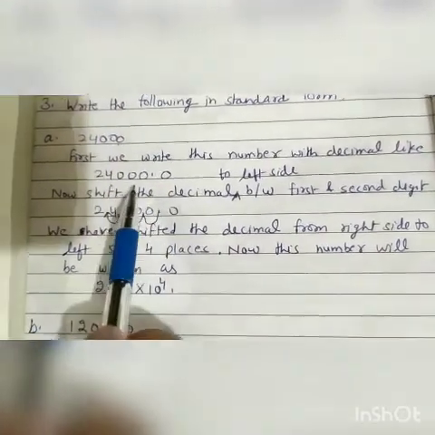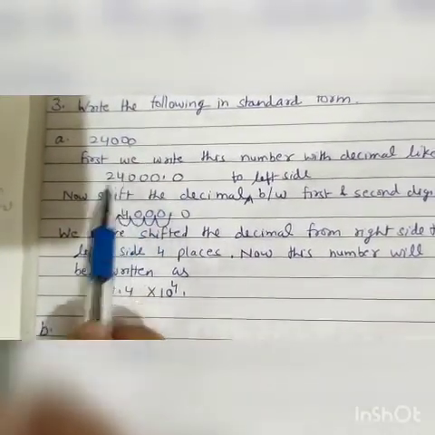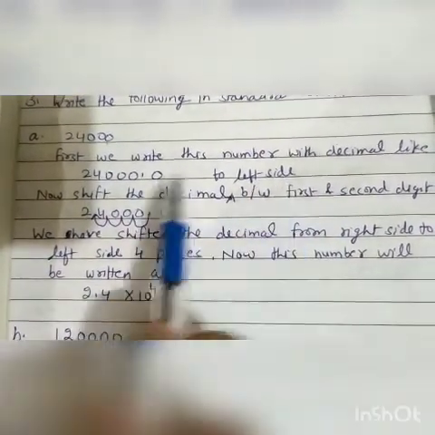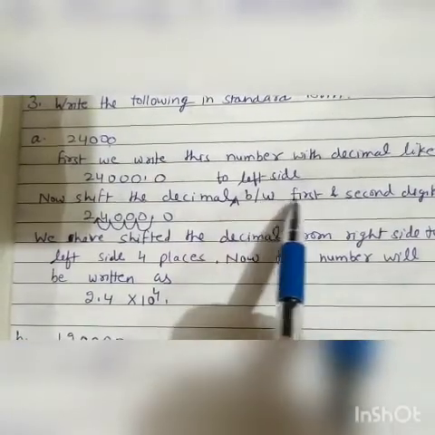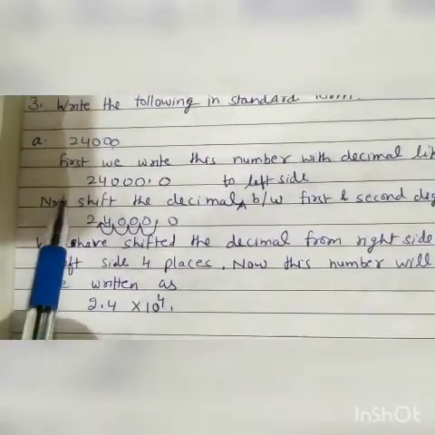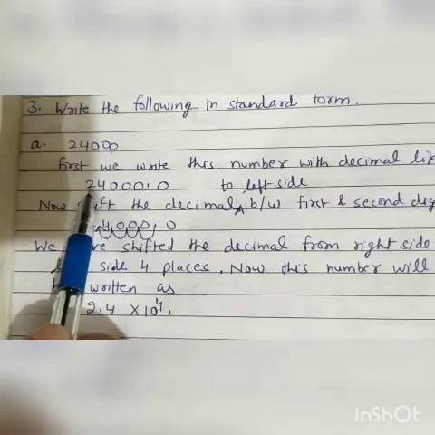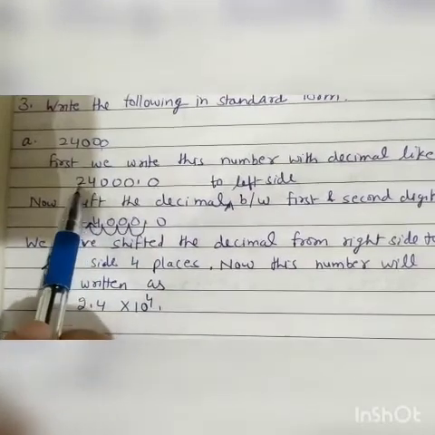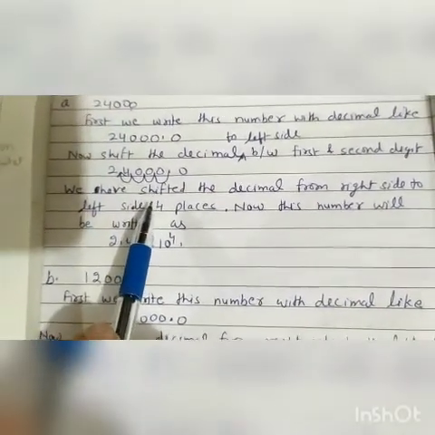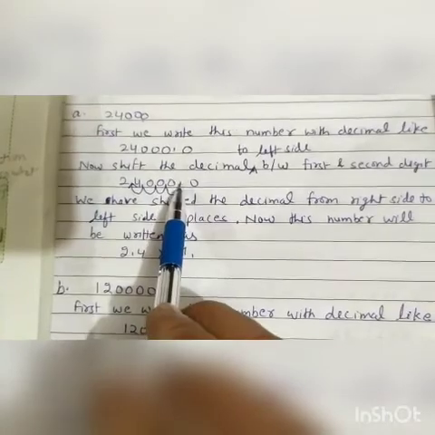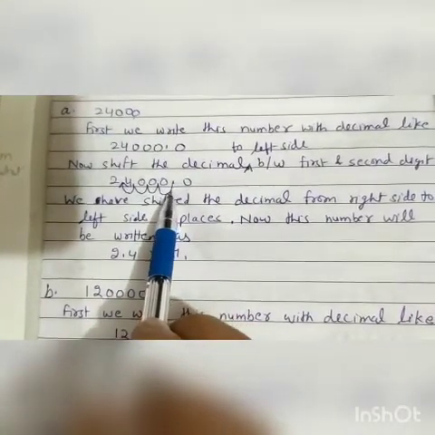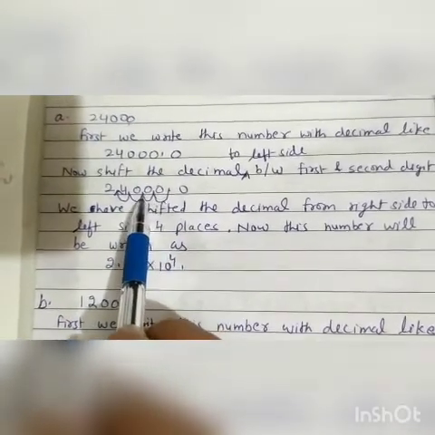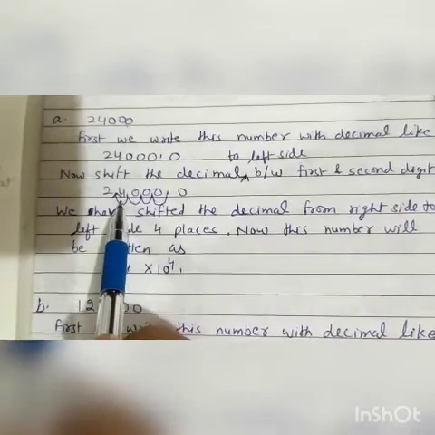First we write the number with decimal like 24,000.0. Now we will shift the decimal to the left side, between the first and second digit from the left side, which is first digit 2 and which is second digit 4. So we will shift this decimal here between 2 and 4. 1 place, 2 place, 3 place, 4 place.